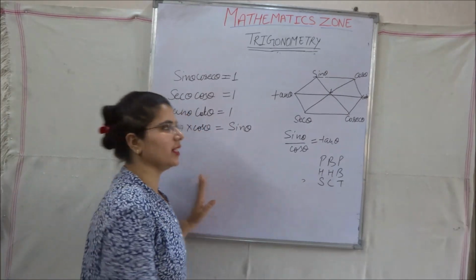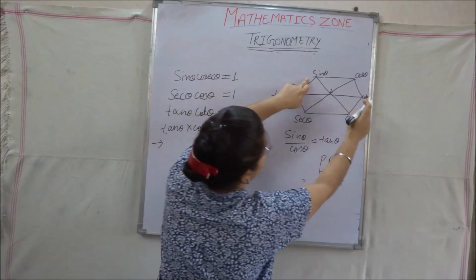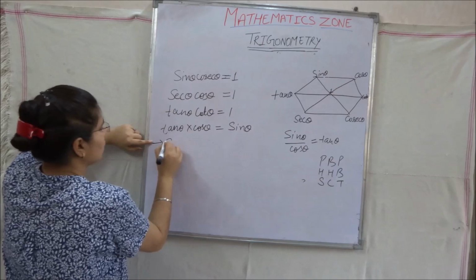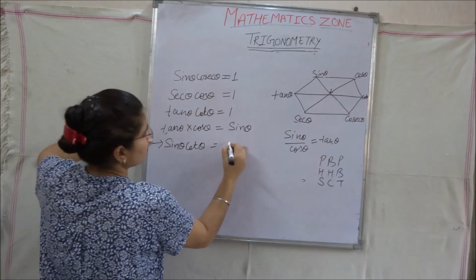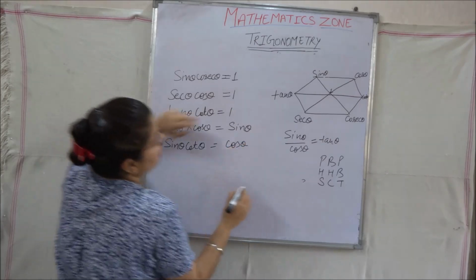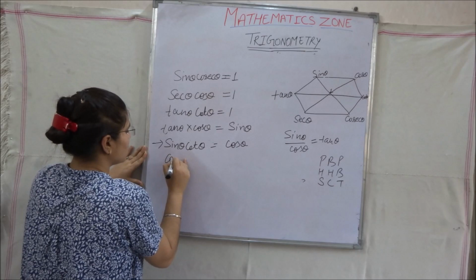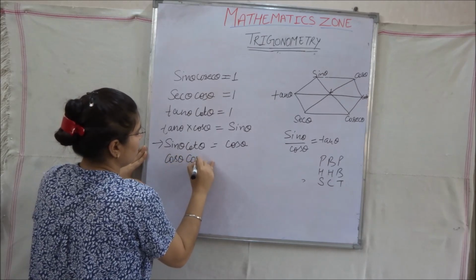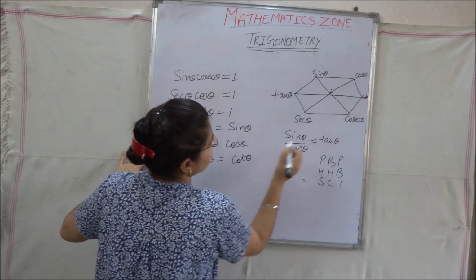In a similar manner, we can derive another formula, that is sin theta into cot theta is equal to cos theta. And cos theta into cosec theta is equal to cot theta.